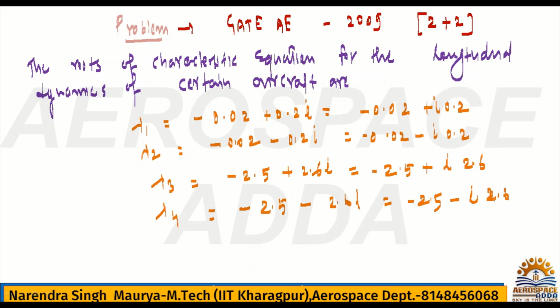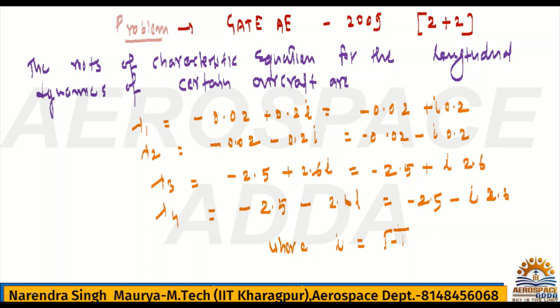These are the 4 roots they have given. This is a basic problem where the I value is given, and if you know complex numbers, you know very well that the imaginary I is the square root of minus 1.